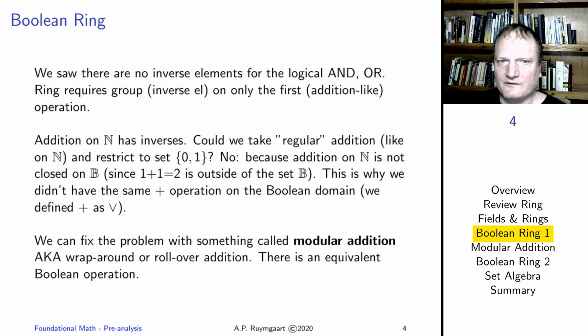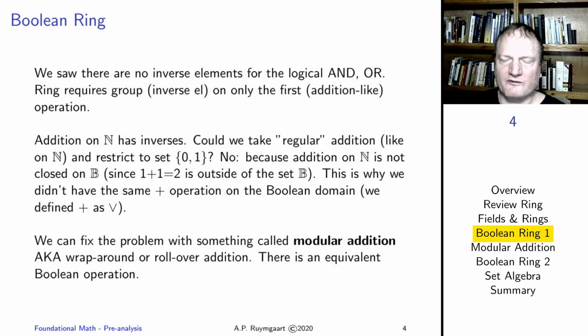And what if we took something like addition on natural or whole numbers and just restricted ourselves to the numbers 0 and 1? That doesn't work because 1 plus 1 ends up being 2, which is outside of our Boolean domain. And remember, the operation must be closed for all elements. So the result of the operation must yield an element that is within our domain.